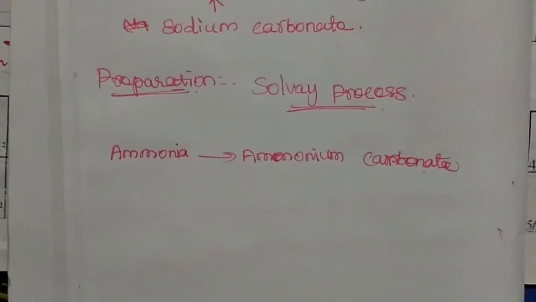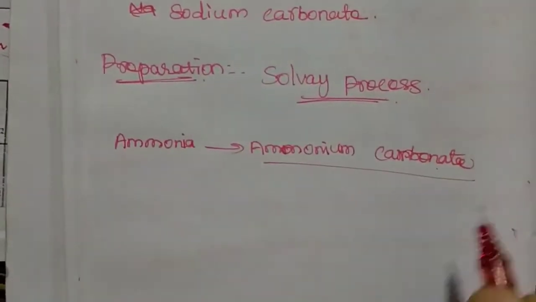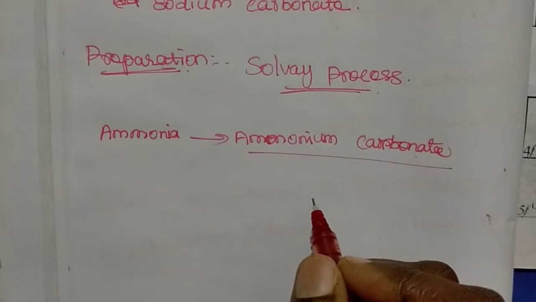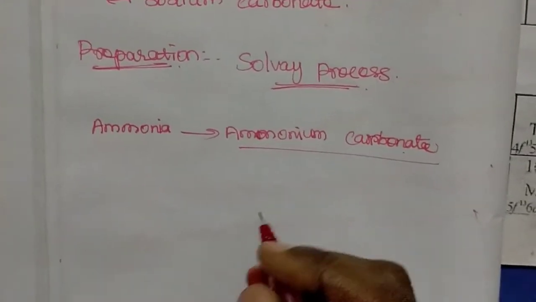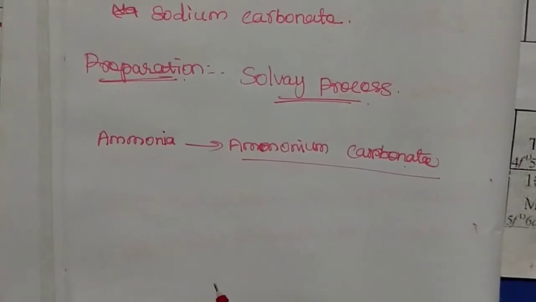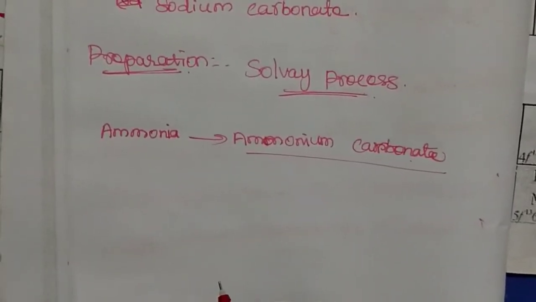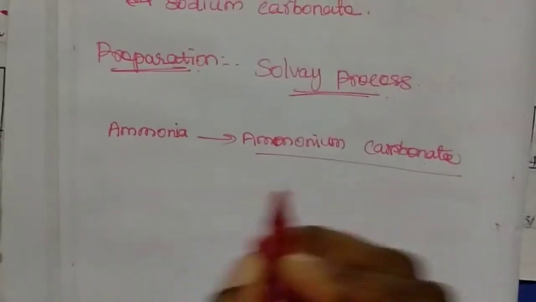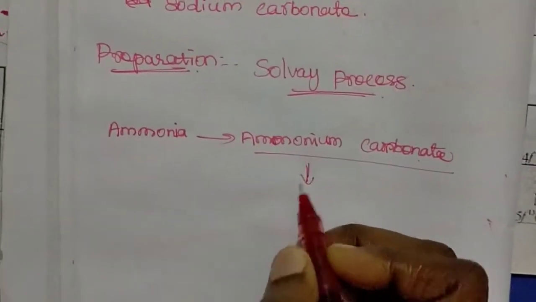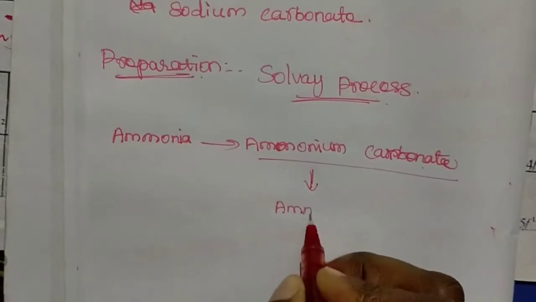Then the resultant ammonium carbonate is converted to ammonium bicarbonate, again passing through an excess amount of carbon dioxide.